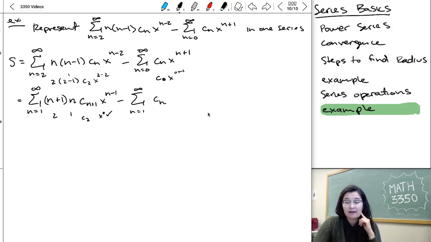So if I did c sub n, I would get c1, which isn't good. So I better do c sub n minus 1. That way when I plug in 1, I get c0, which is exactly what I want. Then x to the n plus 1 is supposed to take me to x1. If I'm plugging in n equals 1, that's just x to the n, and that'll give me x1. So I'm good.